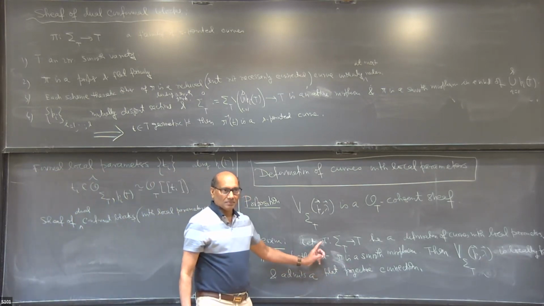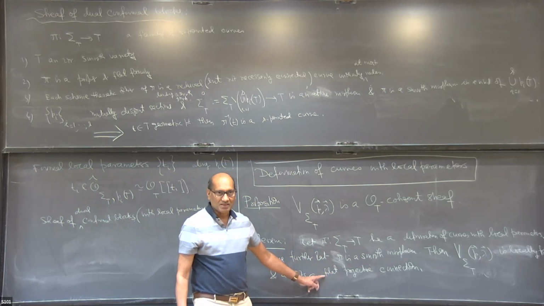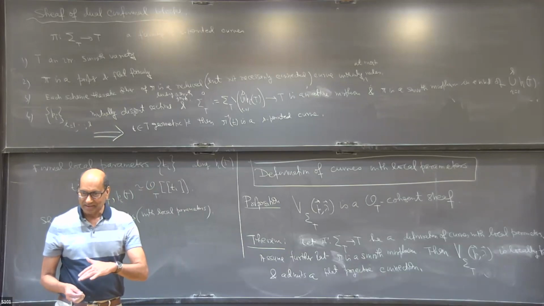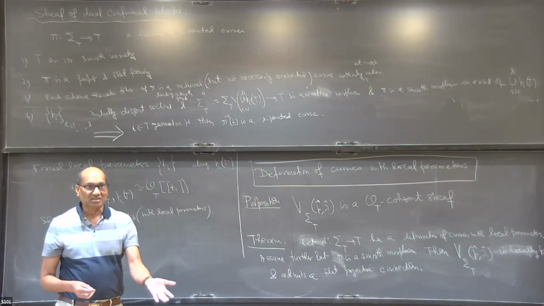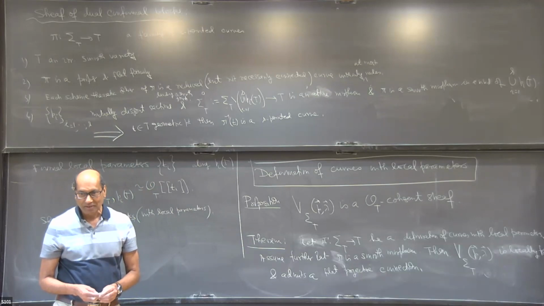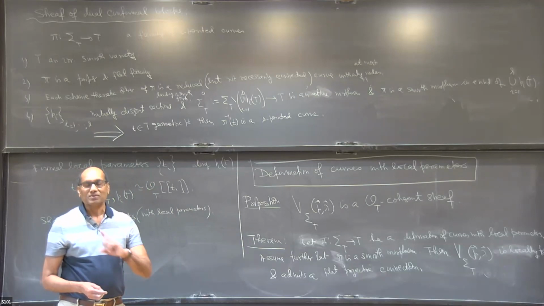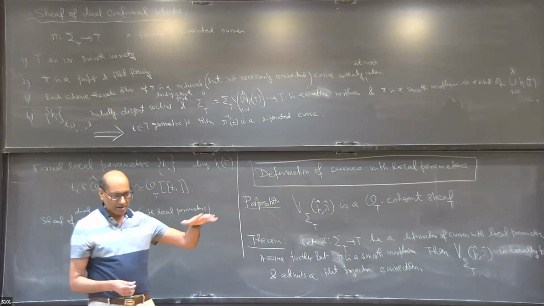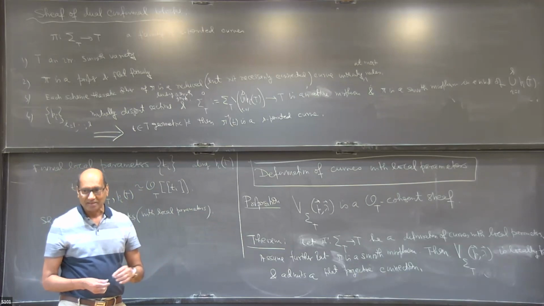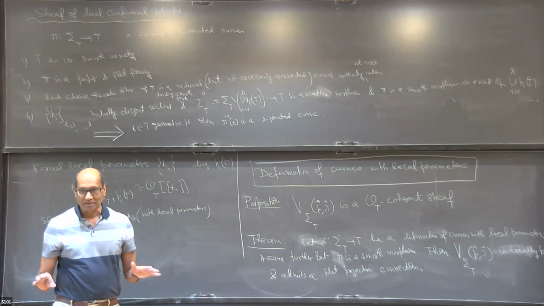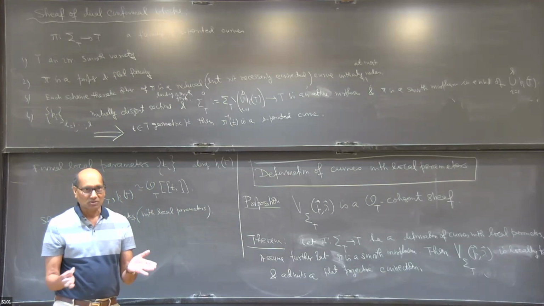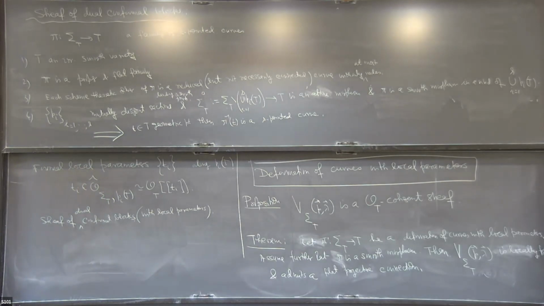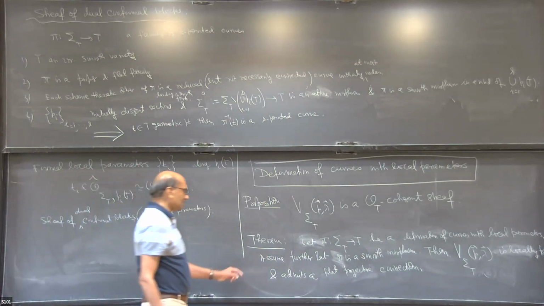This will be more or less enough for our purposes, but we will move to the boundary by some other consideration. We can extend the connection also as a logarithmic connection on the boundary, but that's one way to do that. I'm going to do it a slightly different way. Still prove that a bundle of conformal blocks, even if it's not smooth, is actually locally free without giving the connection. Of course, there is no connection there, only a logarithmic connection, but I'm going to circumvent that. So there are two parallel ways to handle the same thing, but I'm going to take the other route.